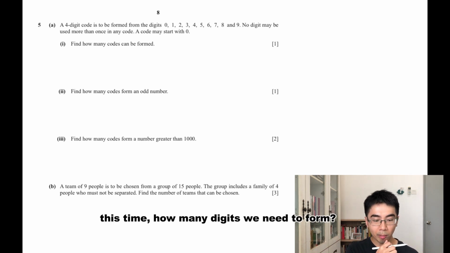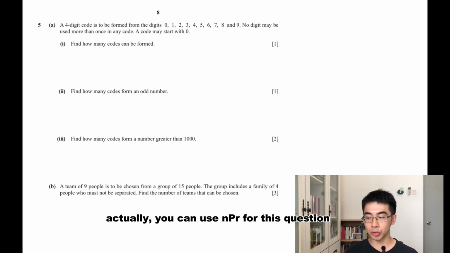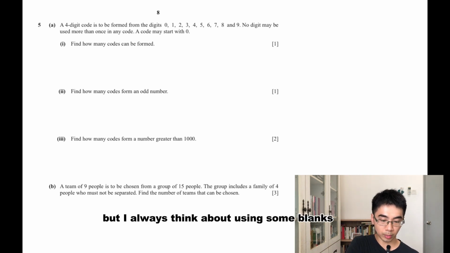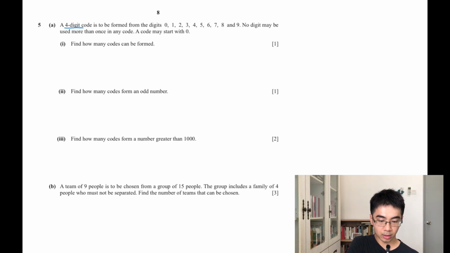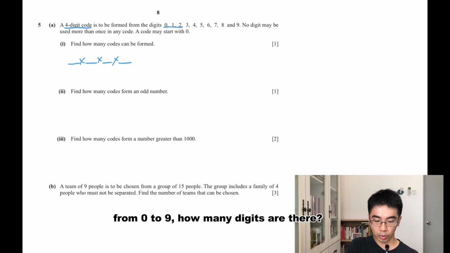We need to form a 4-digit code. By the way, you can use nPr for this kind of question, but I always think about using blanks. So for a 4-digit code, there are 4 numbers we need to find. We have digits from 0 to 9.